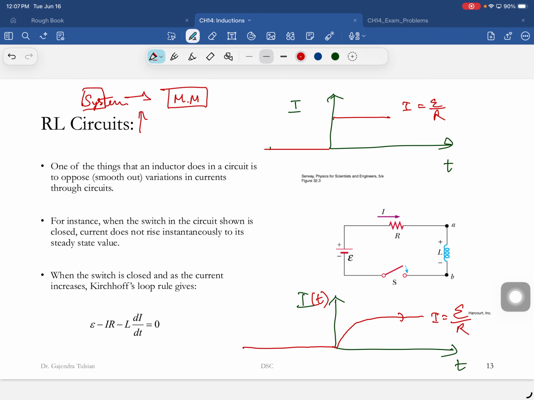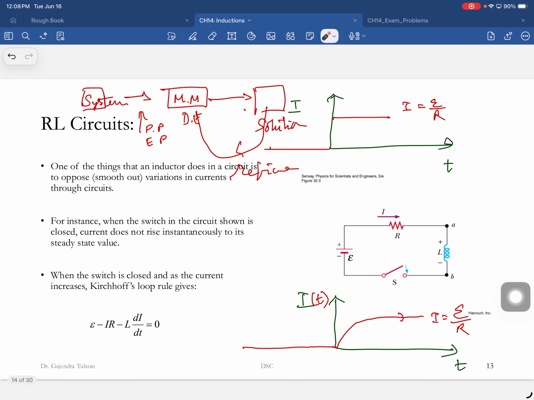Using some kind of principle, engineering or physics principle, mostly a physics principle. What is a mathematical model? Generally it is a differential equation. Then you come up with a solution. And if the solution is not agreeing with the experiment, then you refine the model. So that's your standard procedure.